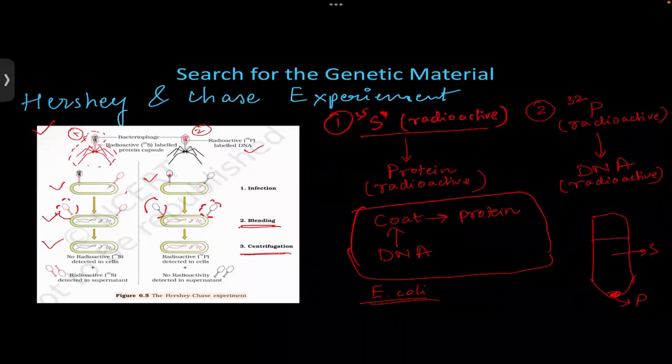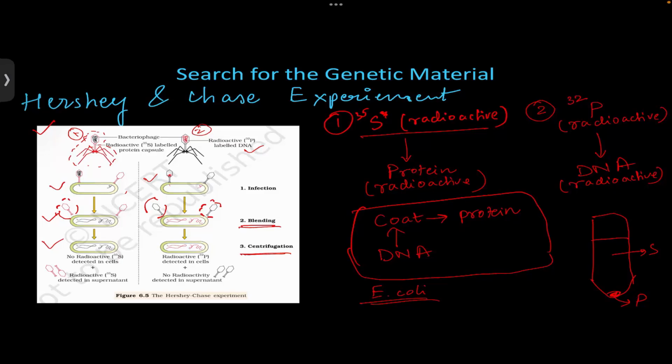In the second group, where bacteriophages were grown in the presence of radioactive phosphorus P32, the supernatant did not have radioactivity, whereas the pellet had radioactivity. Again, I'm repeating, the supernatant will have the viral protein coat, and phosphorus will not be present in the protein, it will be present in the DNA.